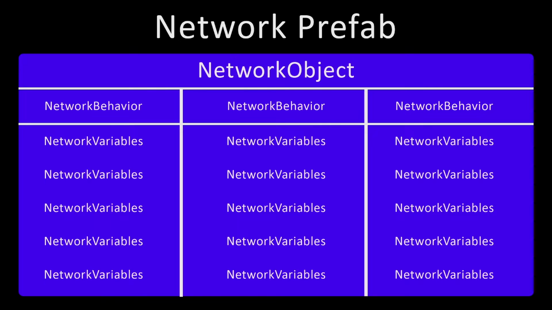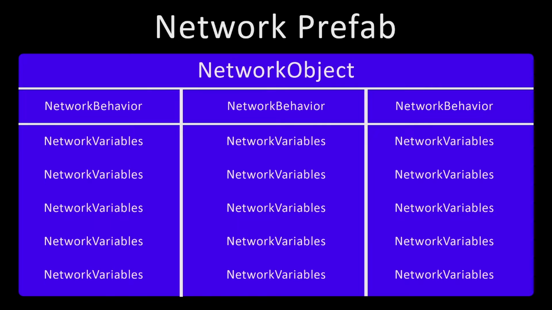And the RPC calls, we already used them in other videos. They basically allow you, either from the client, to call and execute something on the server, or from the server to execute something on one or all the clients. So this is basically like a little graph to explain how all these things are contained. A network prefab is a game object that has a network object.